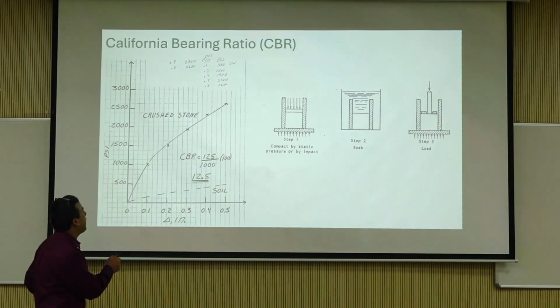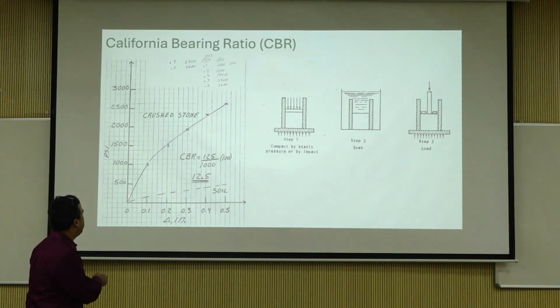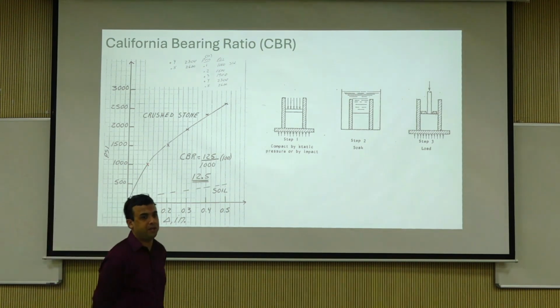At 0.1 inch penetration, the crushed stone had a 1000 psi resistance. At 0.2 inch penetration, it had 1500 psi. That is the magical aggregate I'm talking about. Then you test your own aggregate or soil and take the ratio. Whatever your value is, say 125, you divide that by 1000. So your CBR is 12.5.